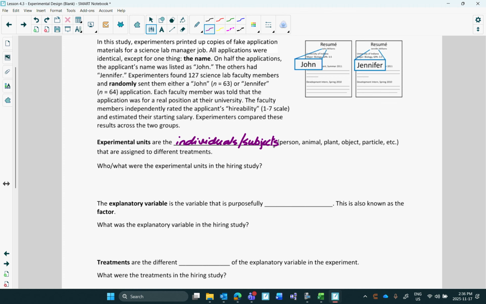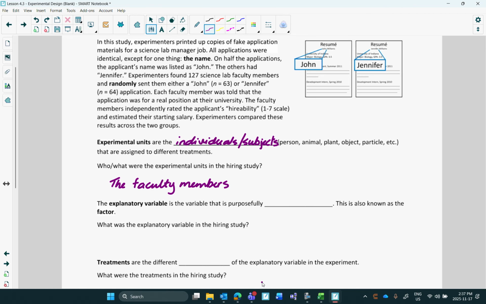Not Jennifer and John, the people who received the applications: the faculty members. They were given the treatment. Who or what is given the treatment is referred to as the experimental units. We've talked about this before.